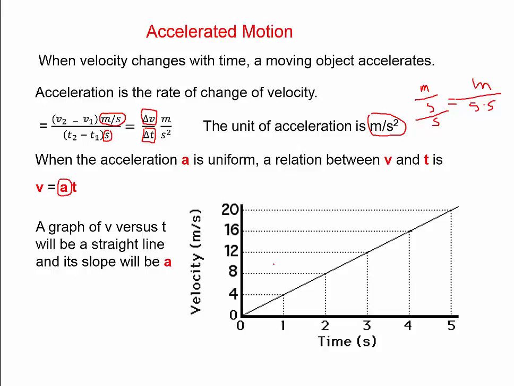There you go. Now, here again, I have shown how a time interval t2 minus t1 is taken on the graph, and a corresponding change in velocity v2 minus v1. Therefore, the slope is delta v divided by delta t, and that is a measure of the acceleration.